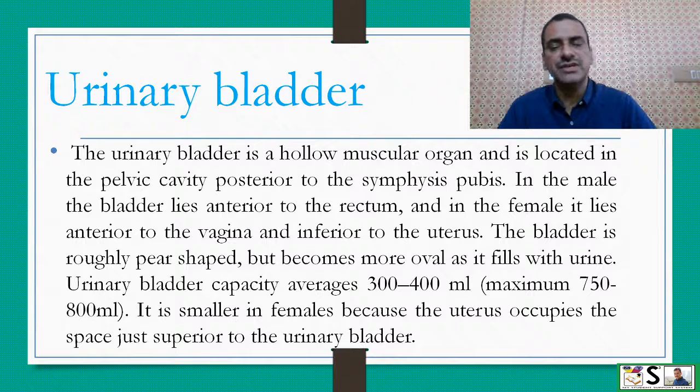The bladder is roughly pear-shaped but becomes more oval as it fills with urine. Urinary bladder capacity averages 300 to 400 ml and it can expand to a maximum of 750 to 800 ml. It is smaller in females because the uterus occupies the space just superior to the urinary bladder.